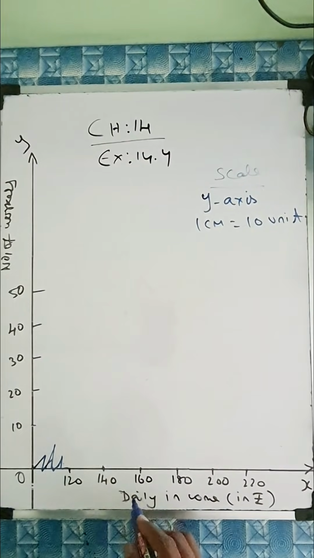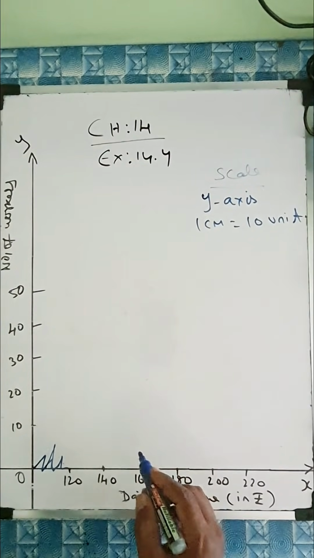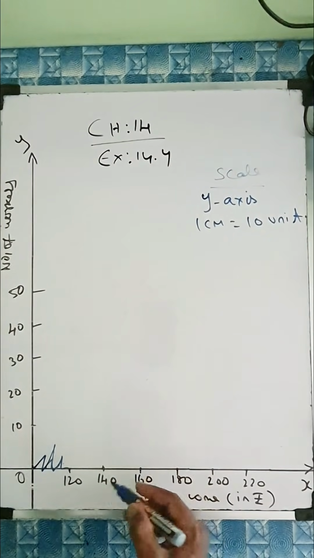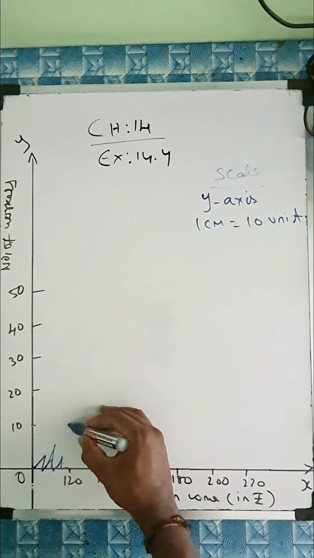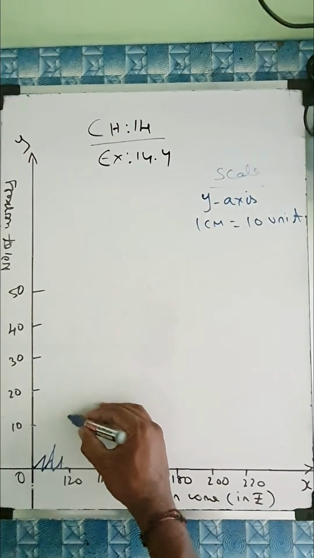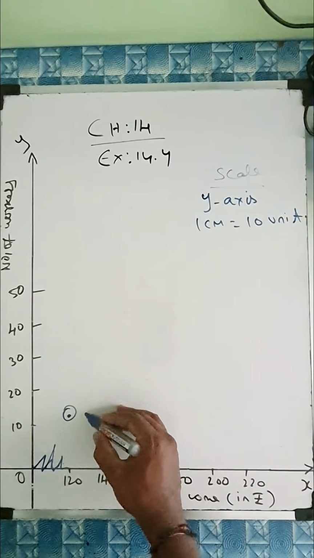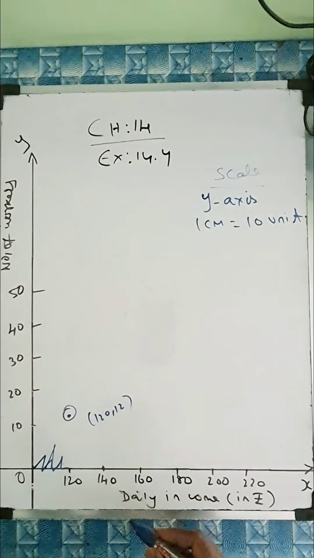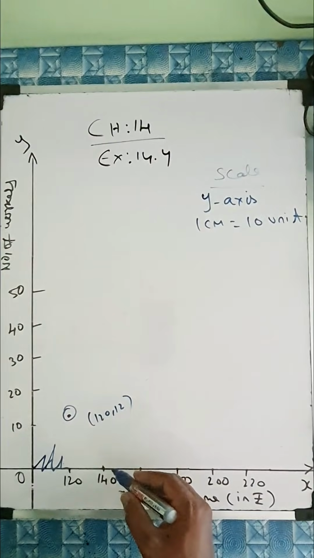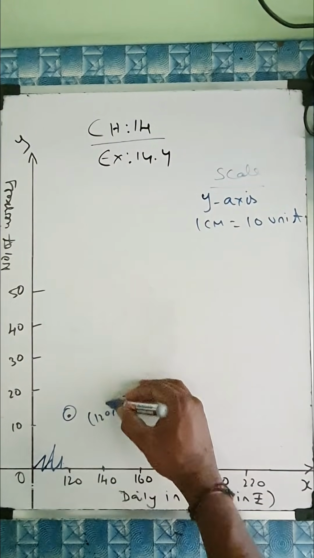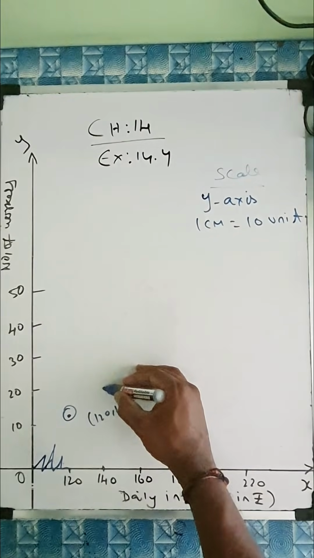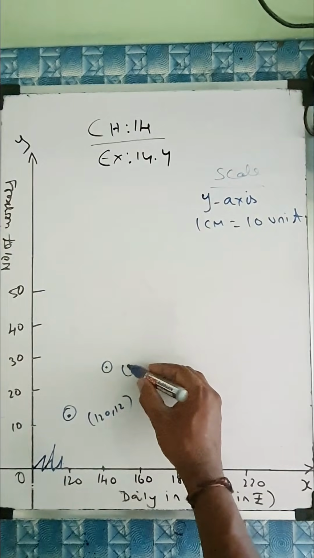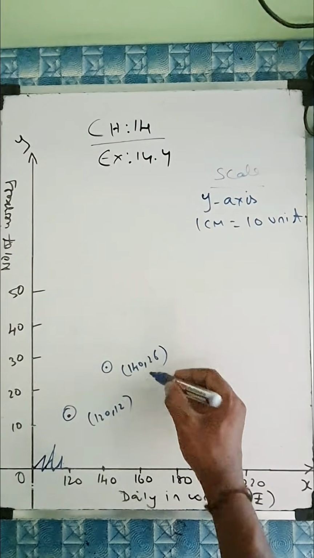Now we'll plot the points here. We took 120, and 120 was 12. So 10 is here, and after that take two small boxes and mark it there. So that is 120 comma 12. Next, 140 is 26, so 26 is one more box after 25.